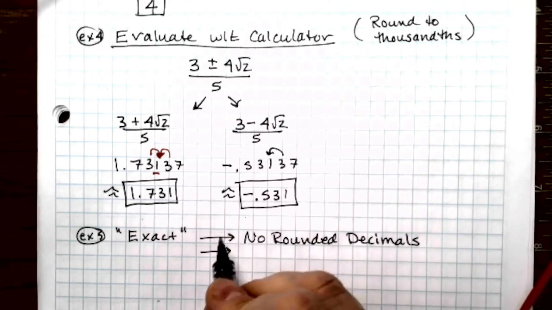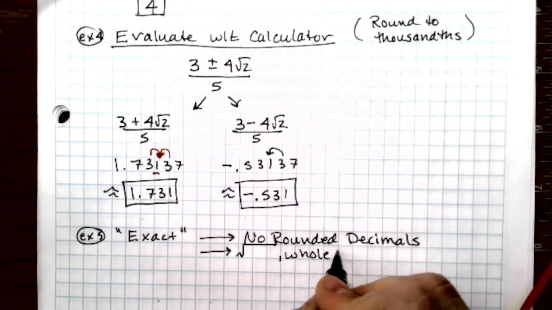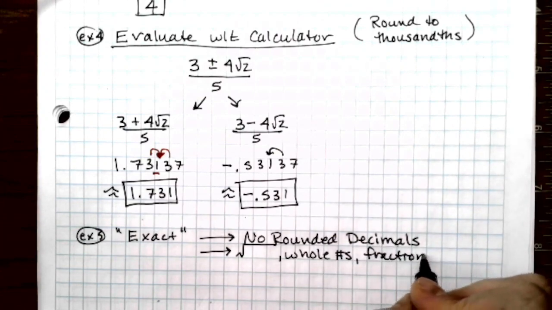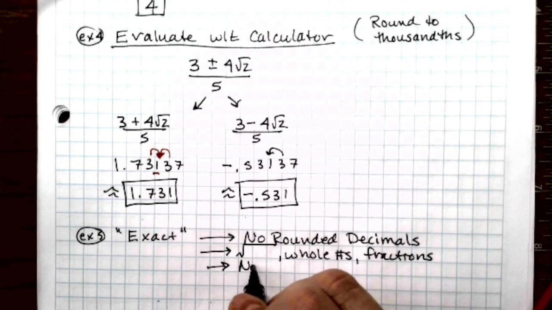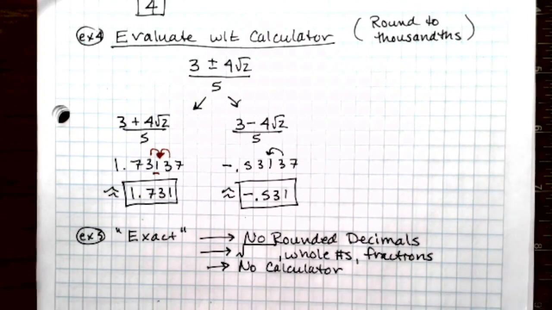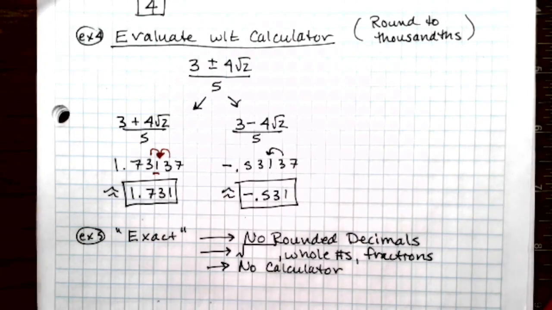An exact answer will have a radical in it, possibly. It will have whole numbers in it. It will have fractions in it. What it won't have in it is decimals. And to do an exact number, you should not need a calculator. If you have to use a calculator to calculate a radical, you are no longer exact.